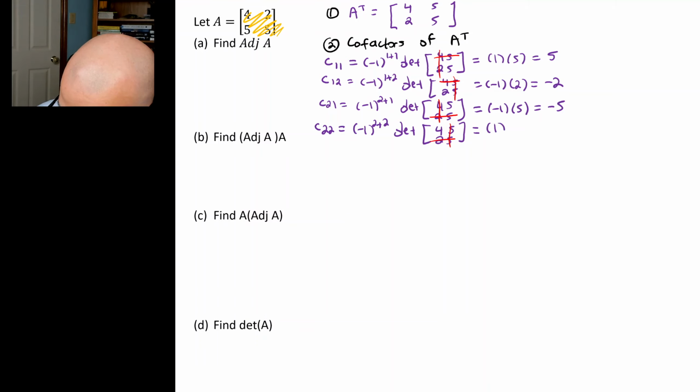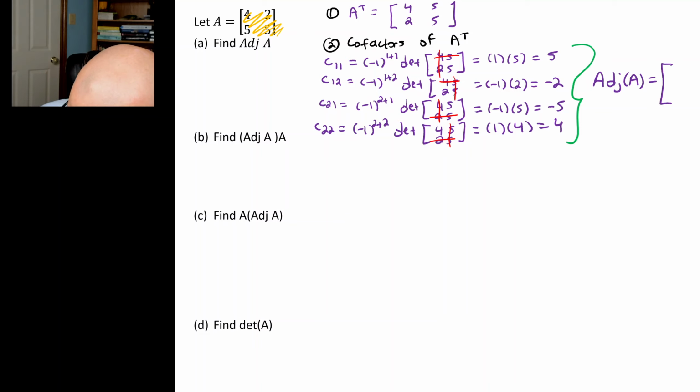So we'll have +1 times 4, which is 4. And then we can put all this stuff together to say that the adjoint of A is equal to 5, -2, -5, 4. And I'll unhide A.